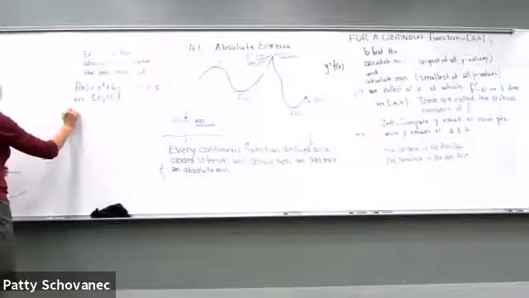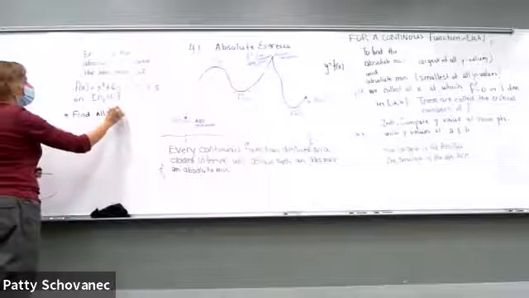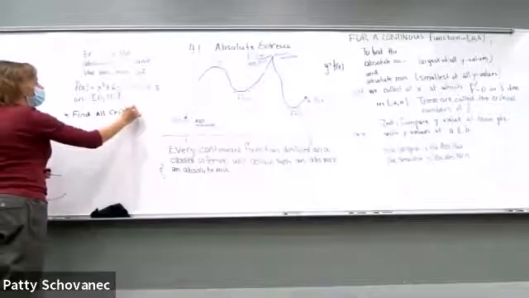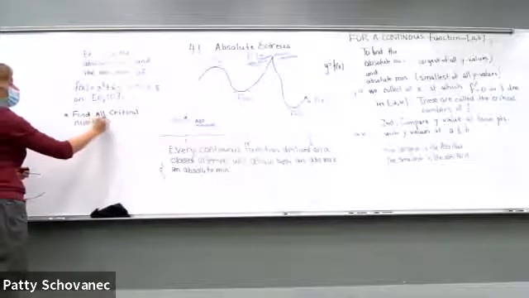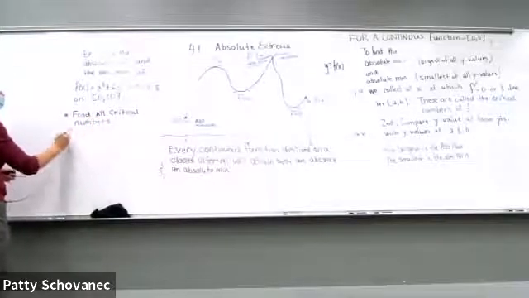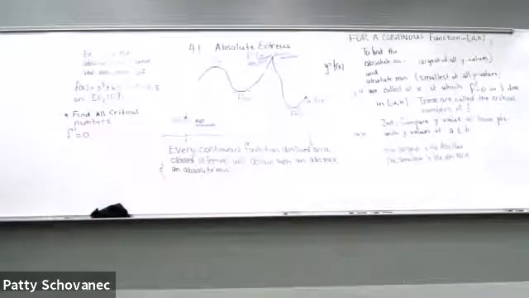Find all the critical numbers. Pretty important name, because they tell us the cool stuff that's going on to the graph. That is, take the derivative, set equals 0, and solve for x. This is just a polynomial function, so there aren't going to be any sharp corners to it.